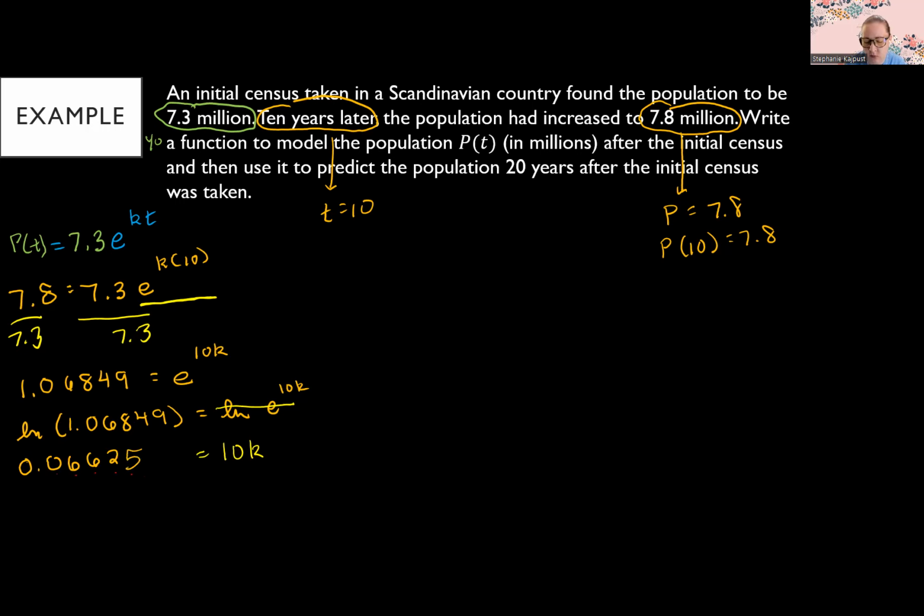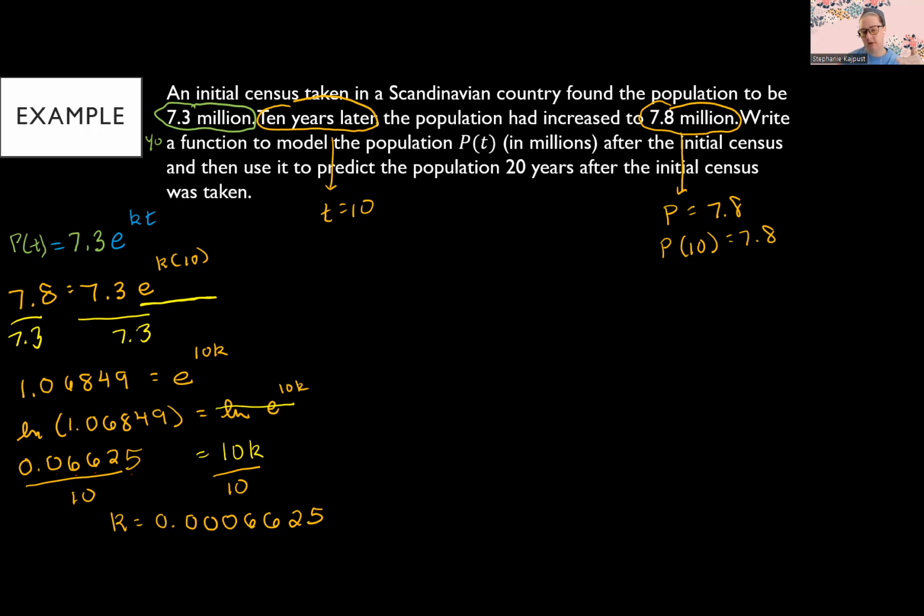So I have 0.06625 equals 10k. And then we are going to divide both sides by 10 because we want to solve for k. And I get 0.006625.